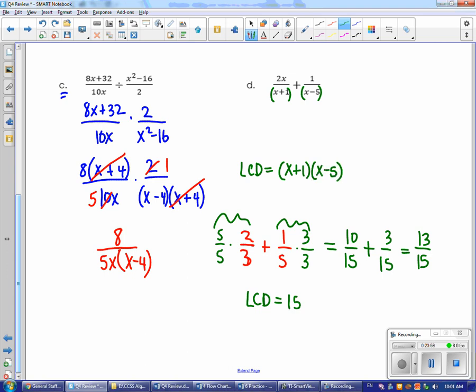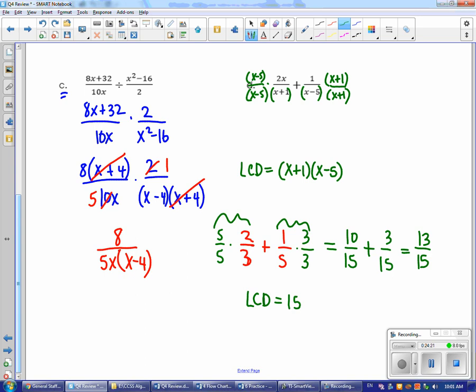So that's what I want my new denominator to look like. So if I think about that first fraction, it's the x minus 5 that's missing. So I'm going to multiply the numerator and the denominator by x minus 5. In the second fraction, it's the x plus 1 that's missing. So that's what I'm going to multiply by the top and the bottom. Because as long as I do that, I'm still just multiplying by 1.